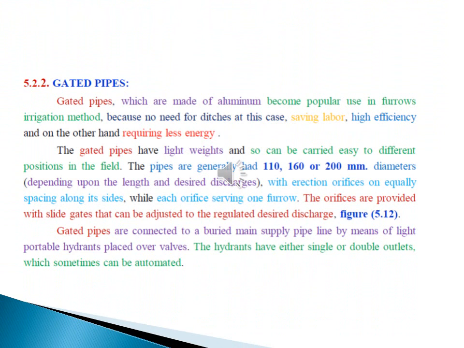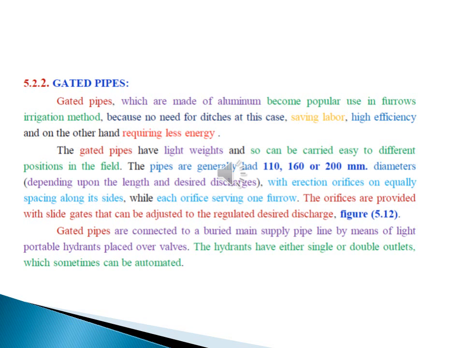Gated pipes are made of aluminum and have become popular in the furrow irrigation method because there is no need for ditches, as land is scarce, saving labor, with high efficiency, and on the other hand requiring less energy. The gated pipes are light in weight and so can be carried easily to different positions in the field.